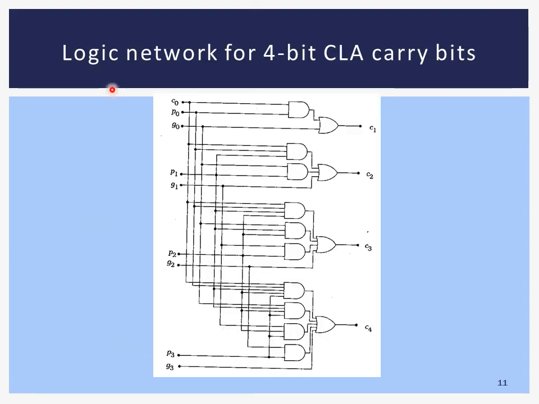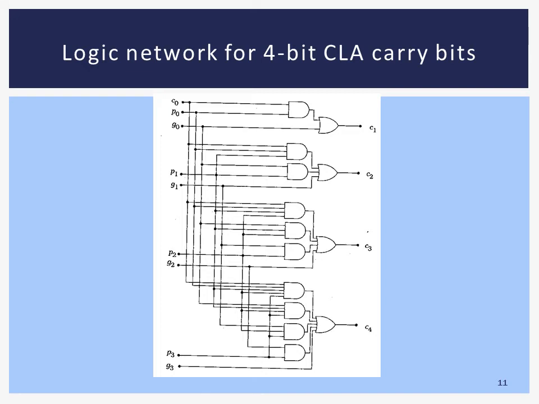Now this is the logic network for the 4-bit CLA carry bits. What are the earlier equations that we have seen in terms of C0, C1, C2 and C3? All those equations are implemented using a logic diagram. So here also you can find C1 is nothing but G0 plus P0 into C0.